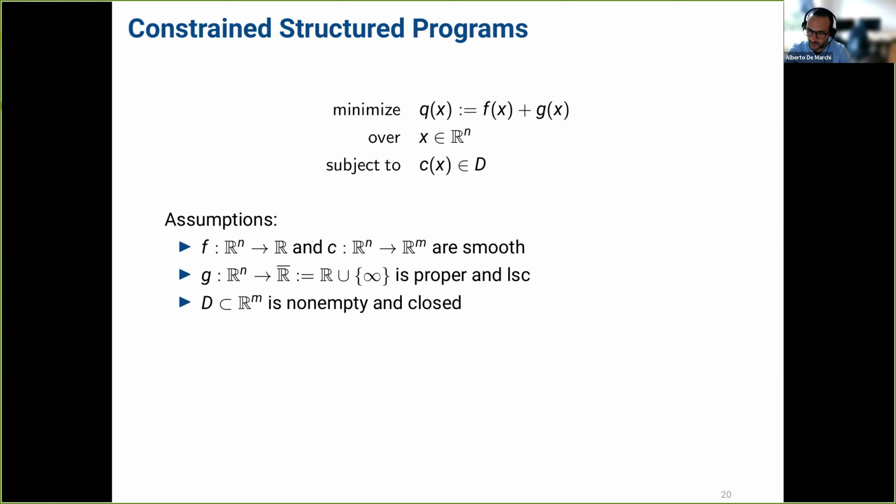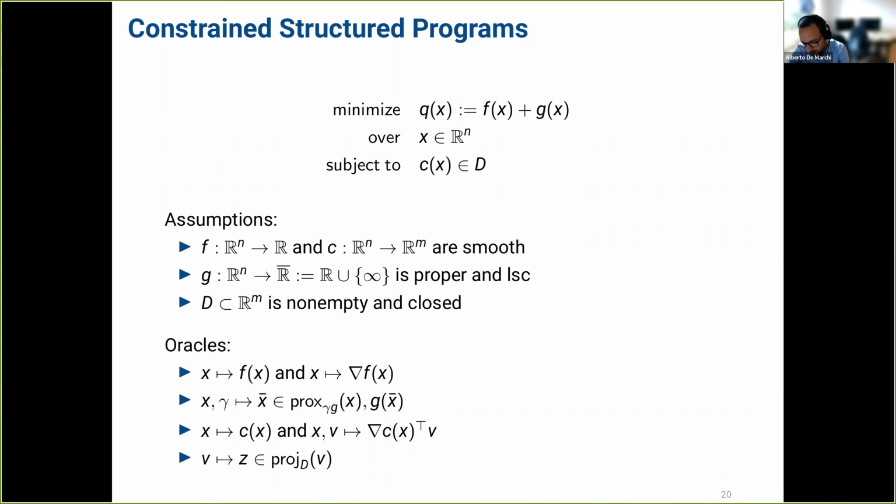Then G again is proper, lower semicontinuous, bounded, and the set D is non-empty and closed, and could be non-convex, disconnected, or whatever. And the oracles that we use for this problem are, so we have the function evaluations as before, and the gradient for F, proximal operator for G.